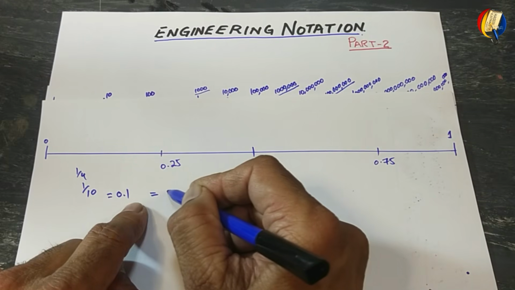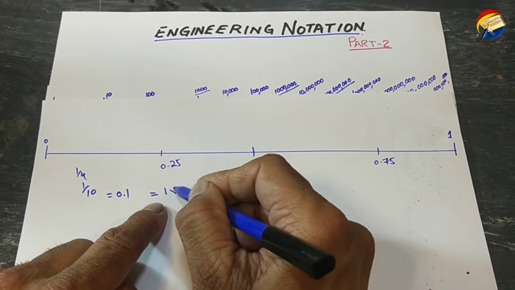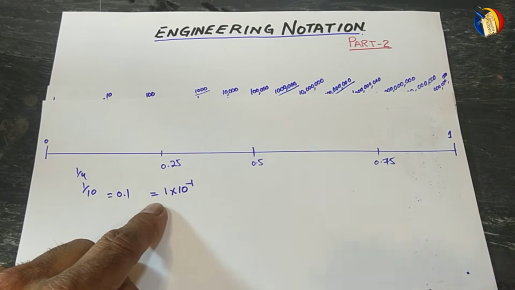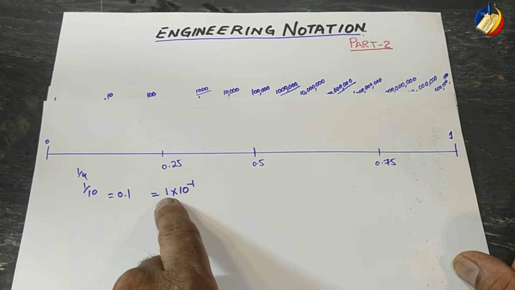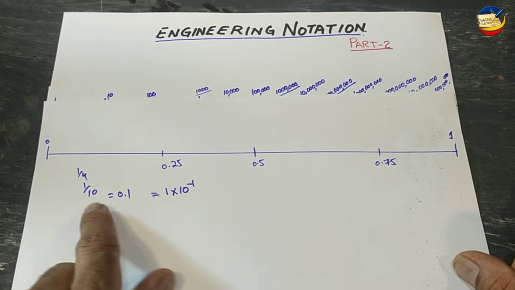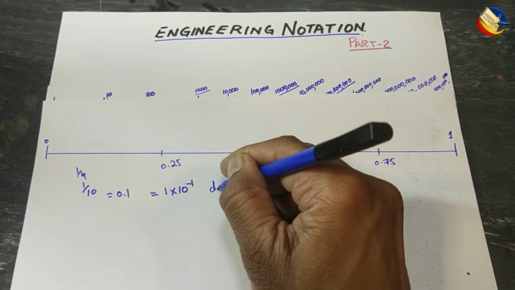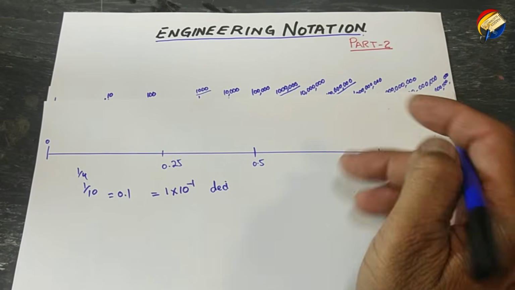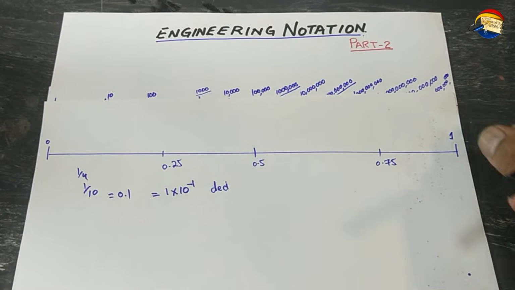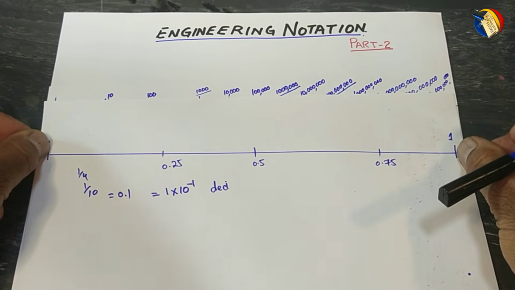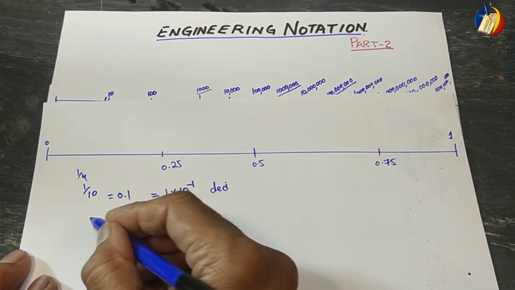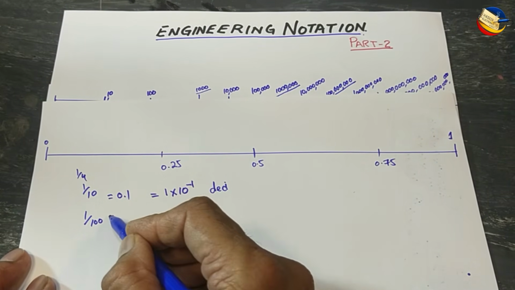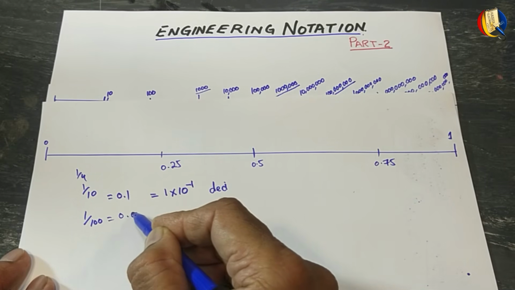In scientific notation, it will be called 1 into 10 raised to the power minus 1. When we reverse it, 1 will be divided by 10, that will equal 0.1. It is called deci: deciliter, decimeter, whatsoever. If we divide 0 to 1 into 100 portions, 1 over 100, that will be 0.01.